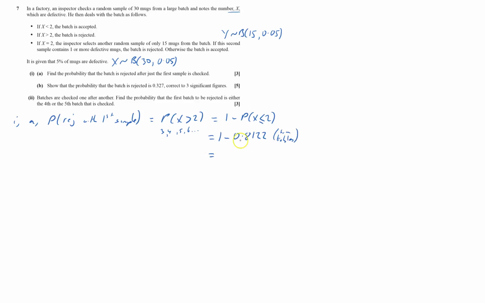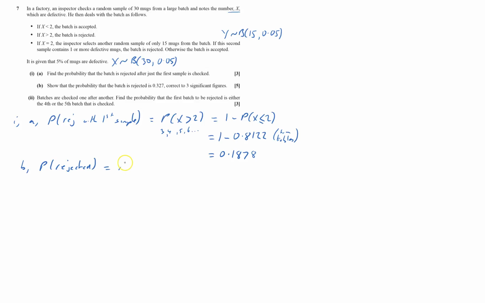And that equals, using the rule of adding up to 9 and the last one adding up to 10, 0.1878. Now I've got to work out the probability that the batch is rejected. There are two different ways of being rejected.